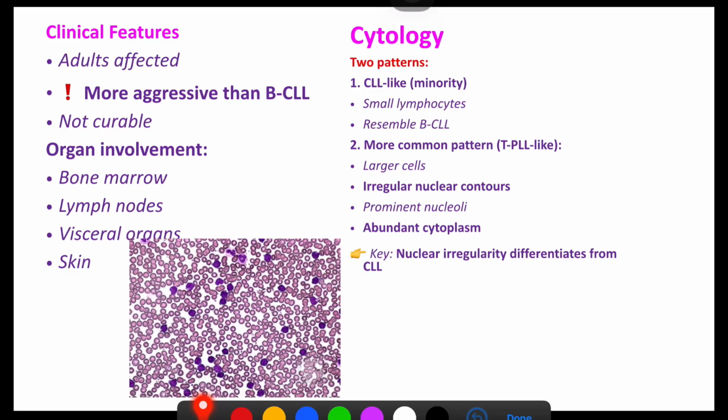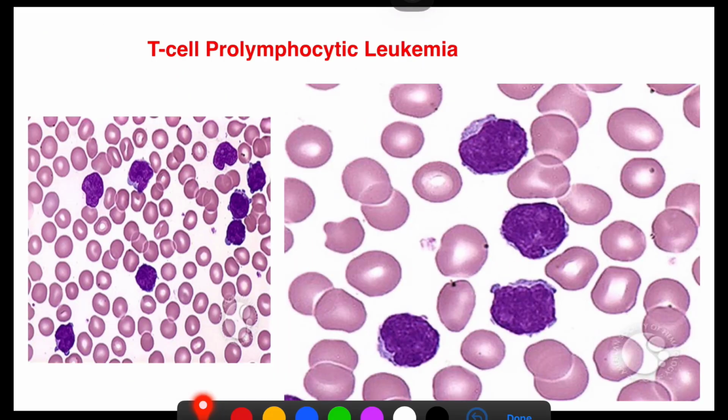Now, the more common pattern which is TPLL like, where cells are larger in size and characteristically irregular nuclear contour and prominent nucleoli with abundant cytoplasm. So, this nuclear irregularity differentiates from classic B-CLL. So, here this is the T cell prolymphocytic leukemia where you find this irregular nuclear contour and cytoplasm. So, this is the T cell leukemia.